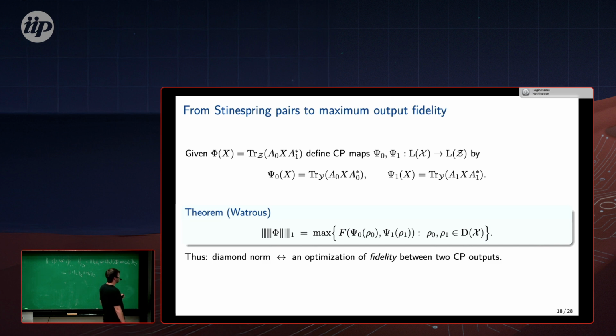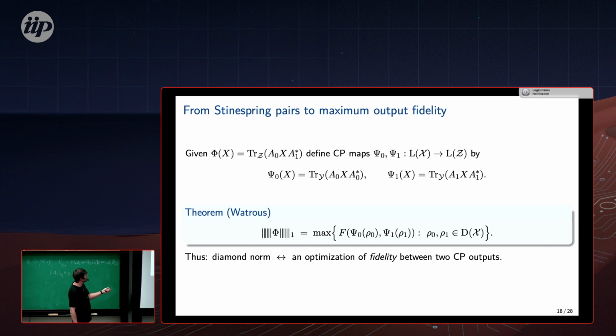And what did Watrous show? Watrous showed the following thing: if you have two completely positive maps, psi 0 and psi 1, and you have these Stein-Spring dilation decompositions for them, the pointer is not working anymore. Oh, no, it is.